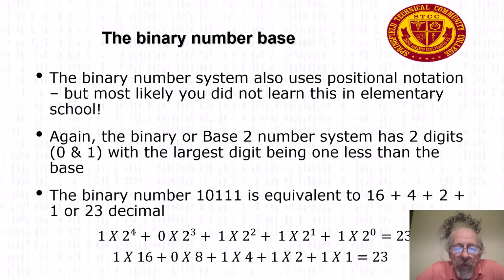And down below I've broken that out. 1 times 2 raised to the 4th power plus 0 times 2 raised to the 3rd power plus 1 times 2 raised to the 2nd power plus 1 times 2 raised to the 1st power plus 1 times 2 raised to the 0 power. Or down below, 1 times 16 plus 0 times 8 plus 1 times 4 plus 1 times 2 plus 1 times 1, which equals 23. So that's how you can go from binary to decimal if you desire.